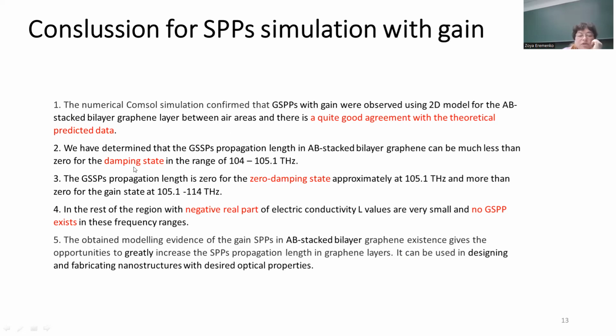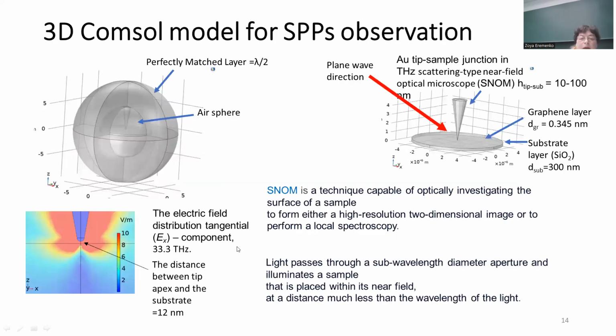We found three regions: with damping, with zero damping state, and with negative real part, which leads to gain in another frequency range. And this is another part of my presentation.